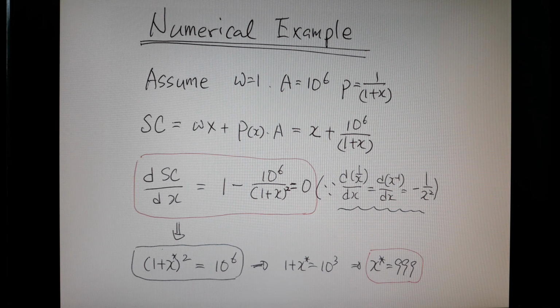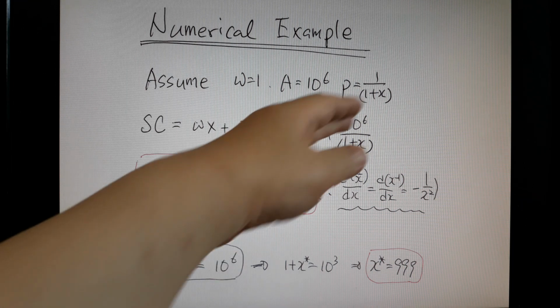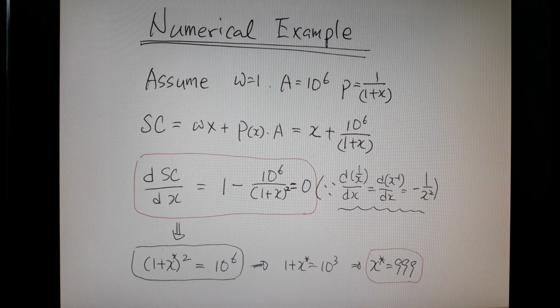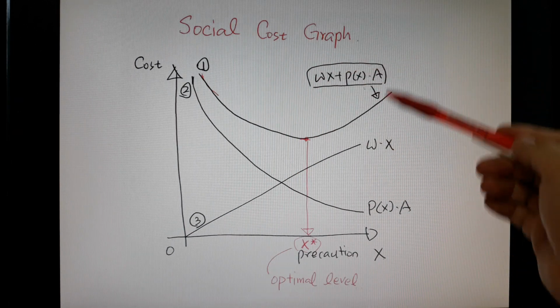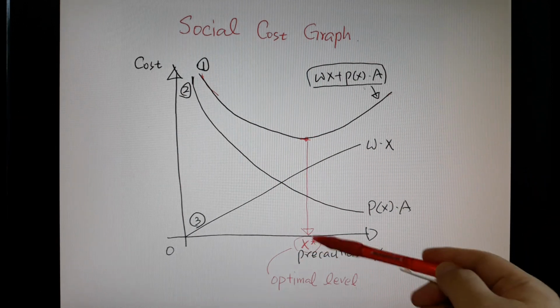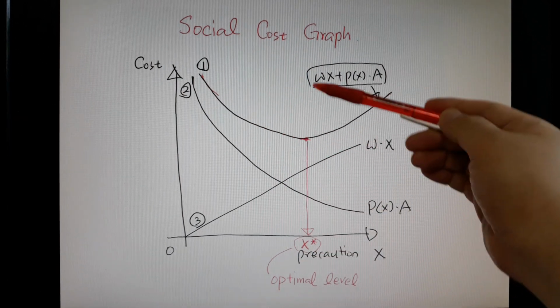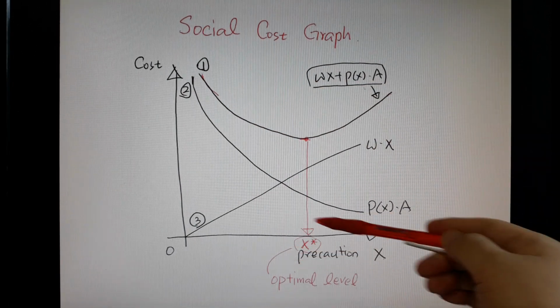Okay, understand? Once again, this calculation is very important with this specific probability given to you. This is a very easy to handle kind of probability. All other probabilities are not so easy. So anyway, you have to keep that in mind. If you go back, we found in the social cost graph this point, this x star, which minimizes the whole social cost, is the optimal level.